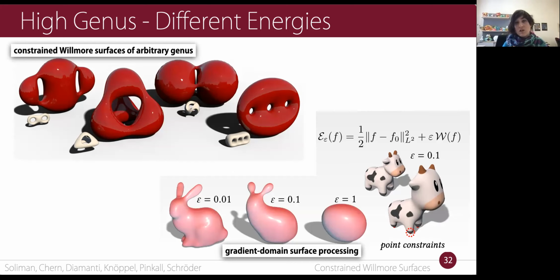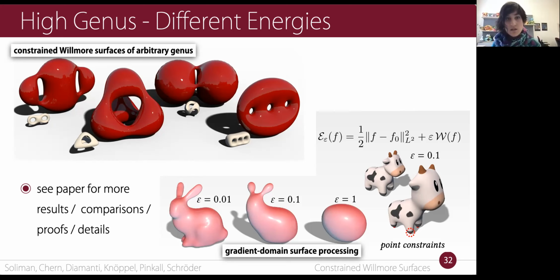What we do here is we change the energy that we're optimizing so that it balances between Willmore and some kind of closeness to an initial immersion F0. And this is in the spirit of energies used in gradient domain denoising for images or surfaces. And there are, of course, more results in the paper, also the proofs for the optimality conditions in both the case where we're using vertex positions and in the case where we're using triangle fields.